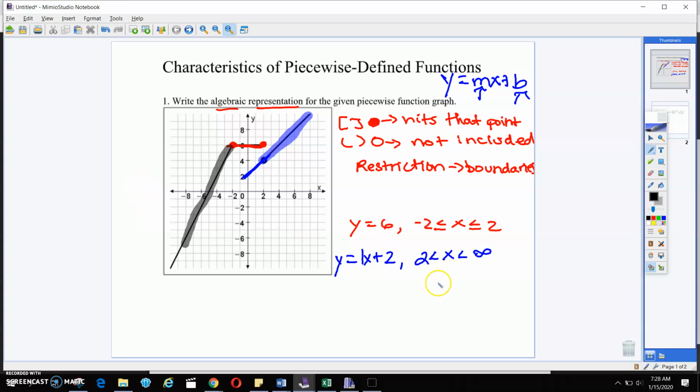Negative infinity. So we're going to say from negative infinity to 2. Now, do we put a line underneath or not? It does touch, so we're going to put a line underneath the 2 part. We're not going to put a line underneath infinity.